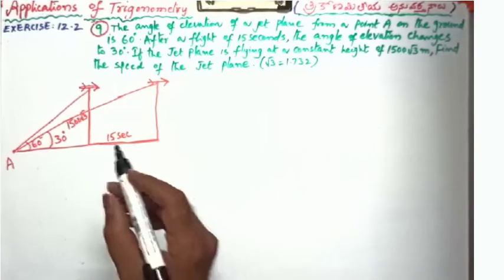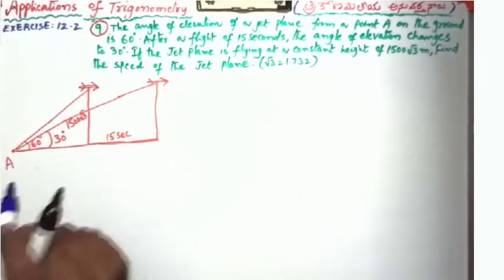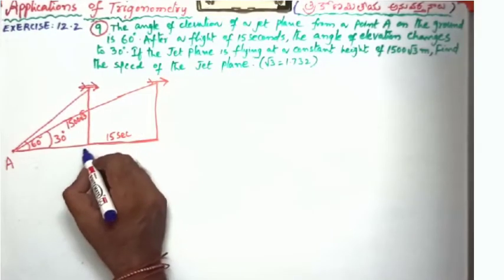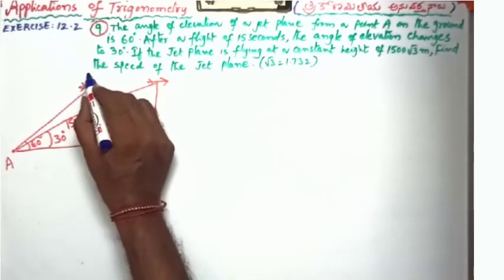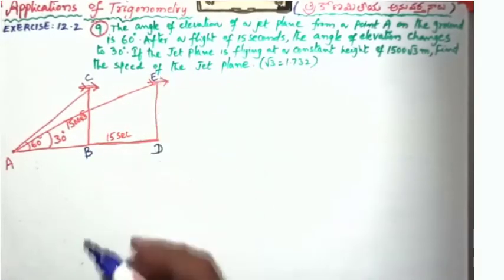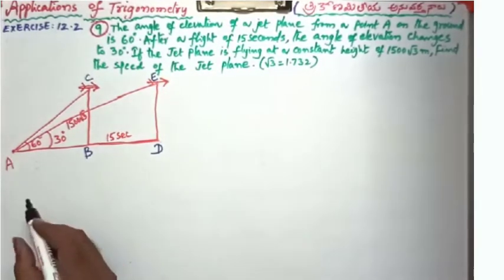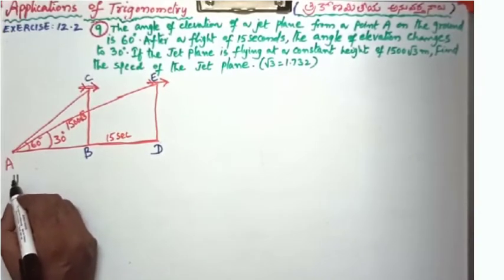So name the points like this: A, B, C, D and E. First please write down what is given.